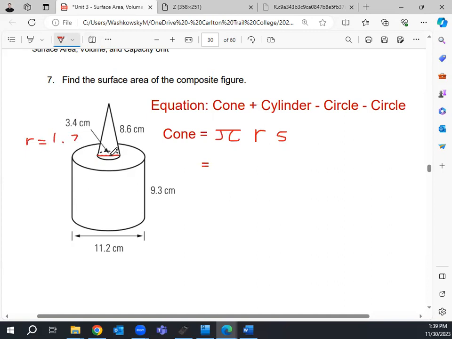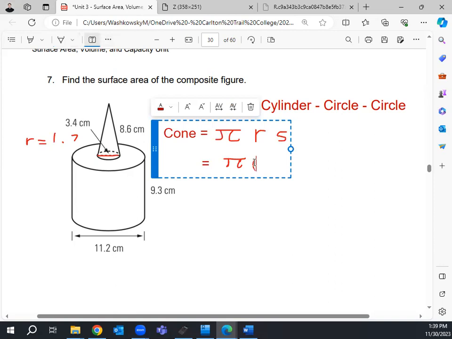It is not 3.4 because the whole thing's 3.4. The radius is half of that. So I just took half of that. So it's pi, and then 1.7 centimeters. And then my slant, I have that, it's 8.6 centimeters.